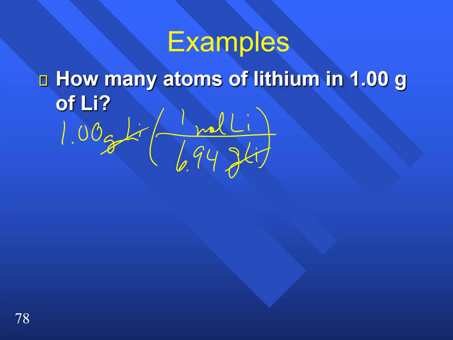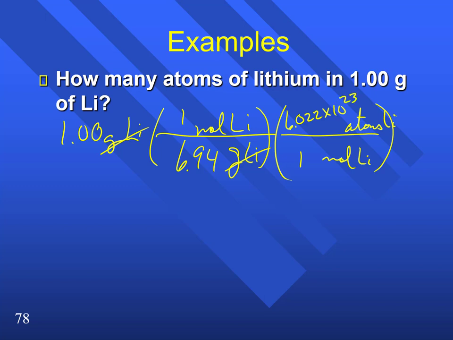That tells me how many moles of lithium, but it doesn't tell me how many atoms. So I can take moles of lithium and turn them into atoms of lithium. It's 1 mole, that's Avogadro's number.